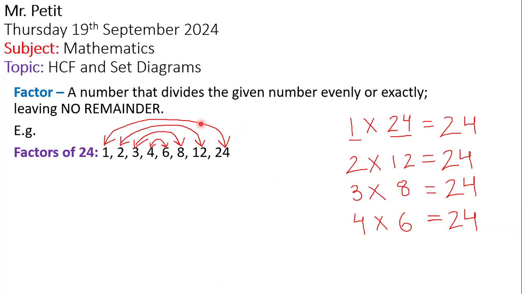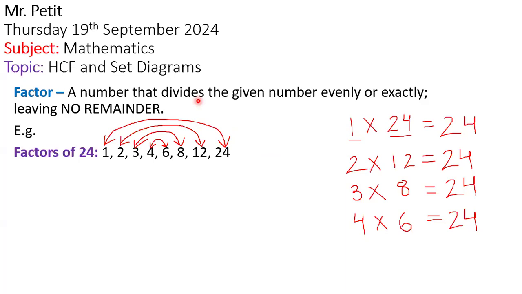Denvor, give me a factor of 24. 6 times 4. Very good. Dunaway, give me a factor of 24. 3 and 8. Very good. And Destiny, give me a factor of 24. 1 times 24. 1 and 24. I love that example. The ones that people might forget.